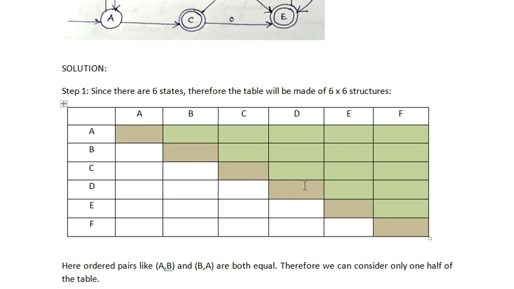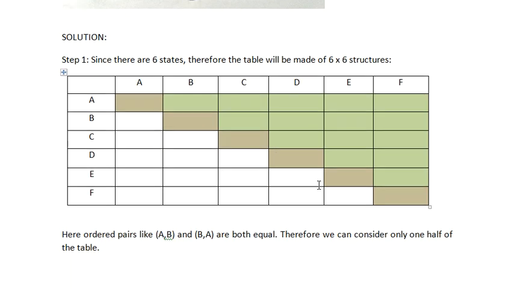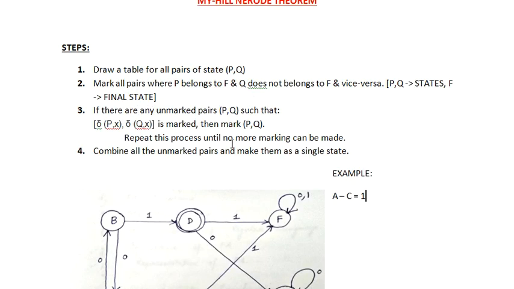Because if you take AA or BB or CC or DD or EE, these are all common states, equal states. So for equal states, you will not get a scenario like this. Mark all the pairs where the first state belongs to final and the second state belongs to non-final.